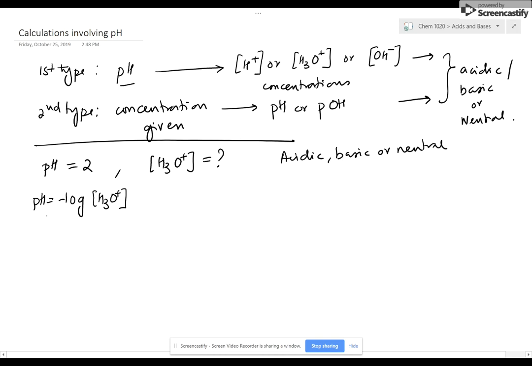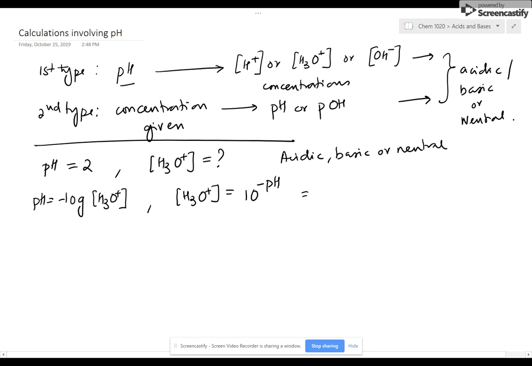So a good way to do this is you got to reverse this equation, okay? A quick and easy trick I can show you is, if pH is equal to negative log of H3O+ ion concentration, then H3O+ ion concentration is equal to 10 raised to negative pH. It's as simple as that.